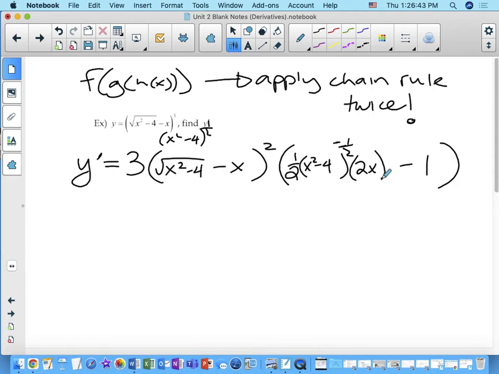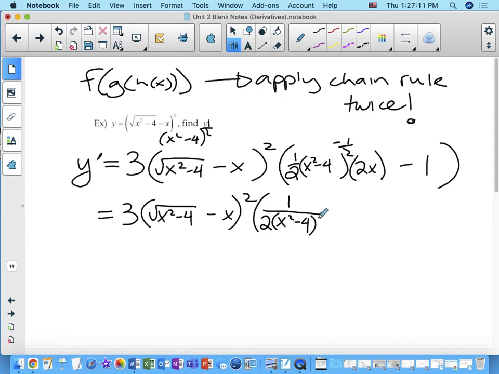Okay. Whew, and now we're going to simplify this a bit. Let's see what we get. Okay. So we'll leave this alone for now. And this will move down to the denominator. So I'm going to get times 1 over 2 times x squared minus 4 to the 1/2 times 2x minus 1.